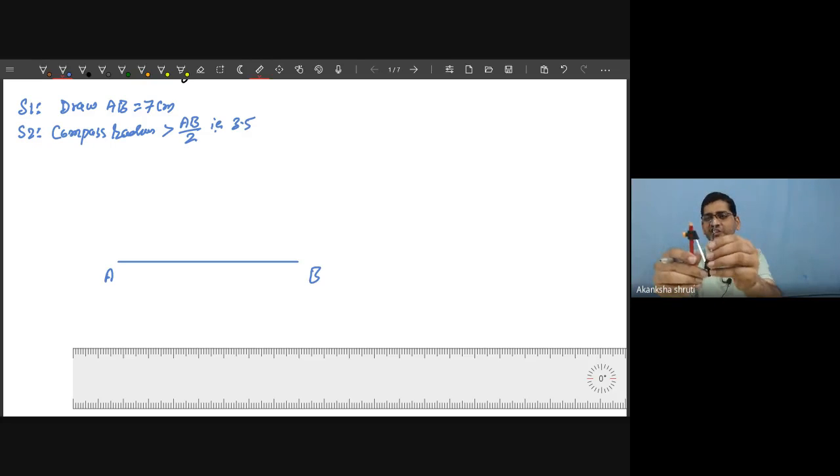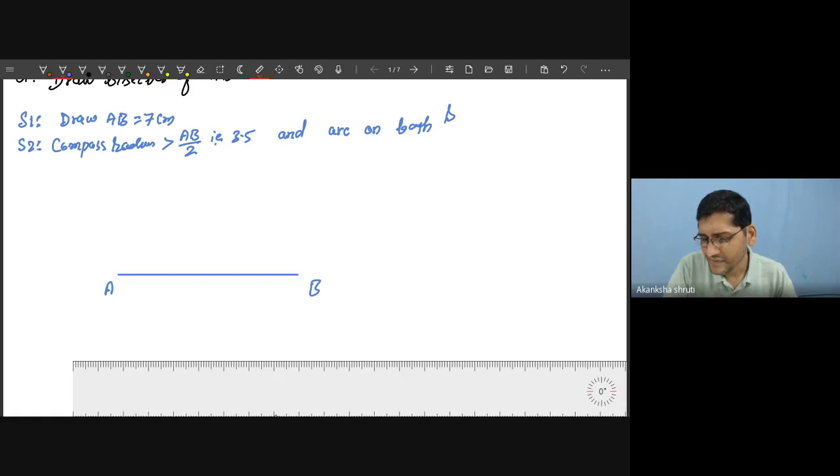So just stretch it. Put this tip on A and make an arc on both sides. So compass radius greater than half of AB, and arc on both sides of AB.